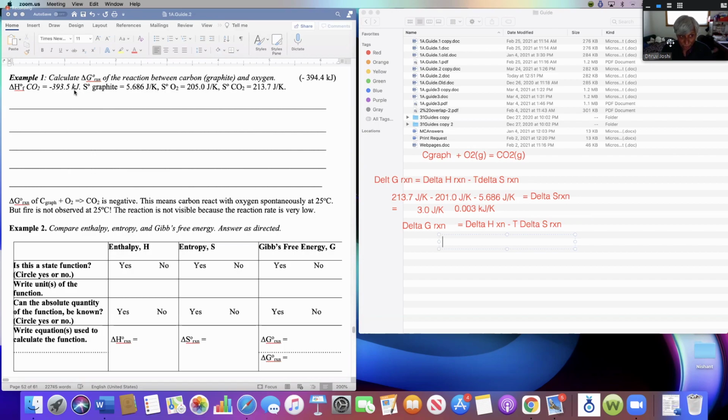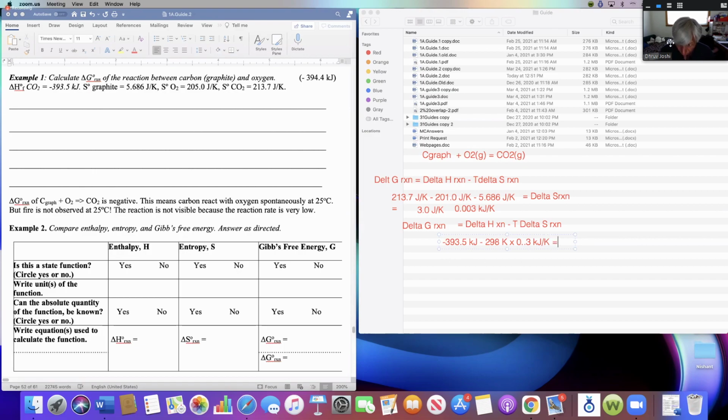That's negative 393.5 kilojoules, and minus 298 Kelvin multiplied by 0.003 kilojoules per Kelvin.